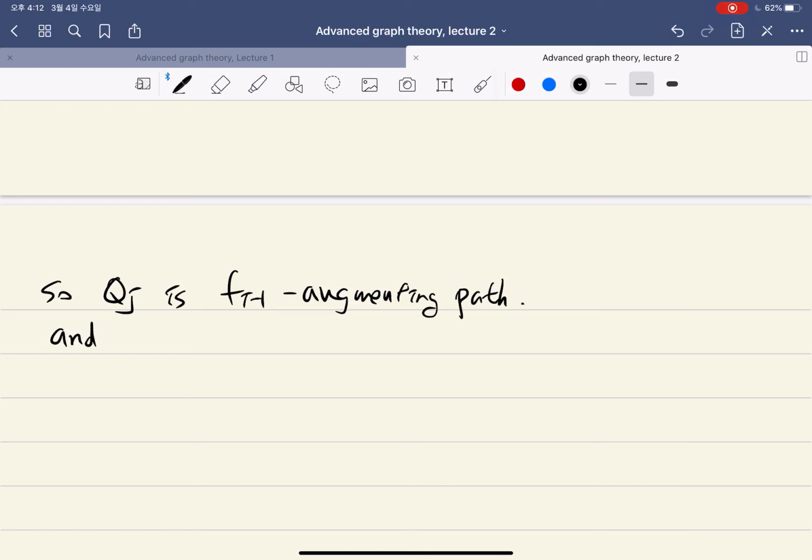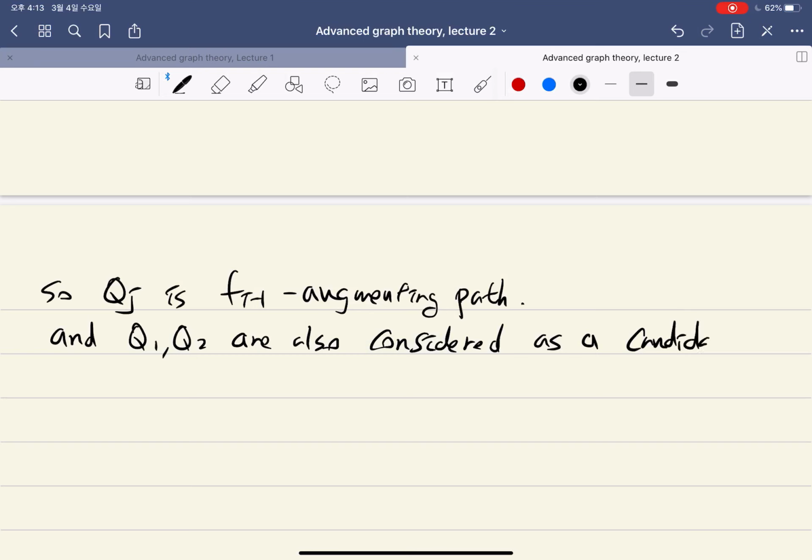And Q1, Q2 are also considered as a candidate to be Pi, but the Pi is by definition the shortest augmenting path.